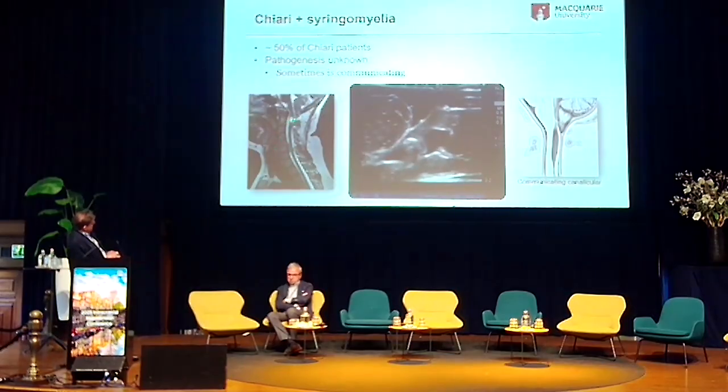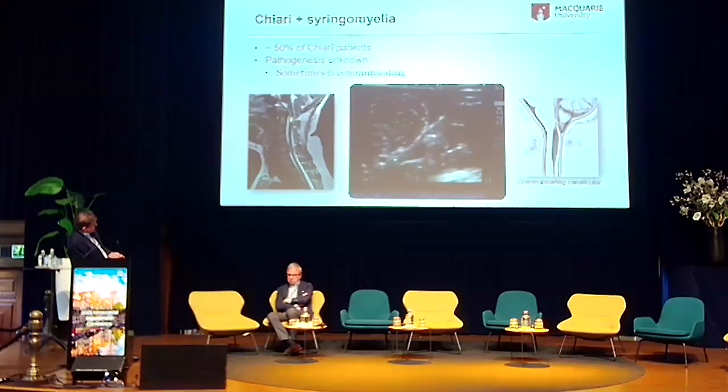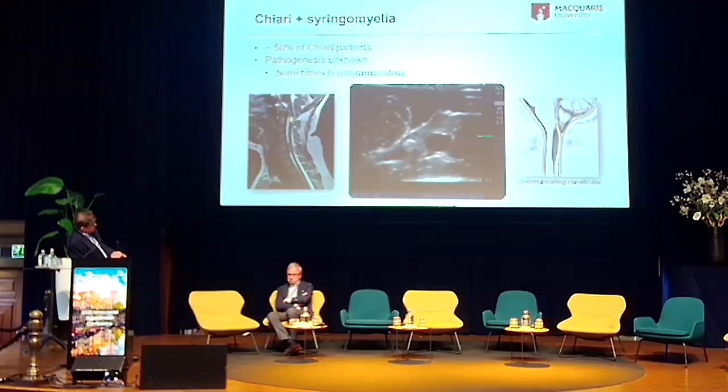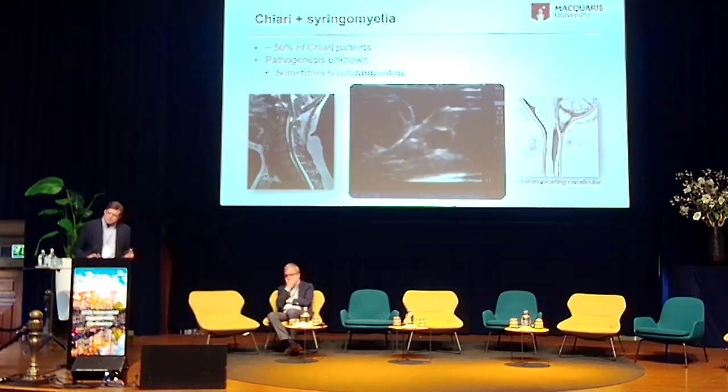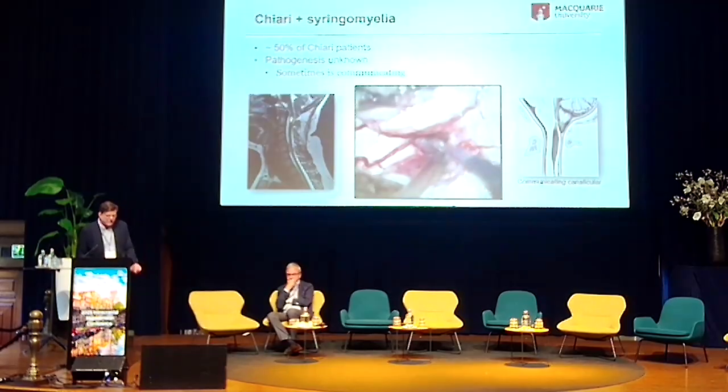And it might be difficult to see on MR and better seen at operation, with intraoperative ultrasound. This is fourth ventricle, that's syrinx down there. And we can tell that there's a connection between fourth ventricle and syrinx. So this is actually truly a communicating syrinx. And that happens maybe in about 5 to 10% of Chiari-associated syrinx cases.